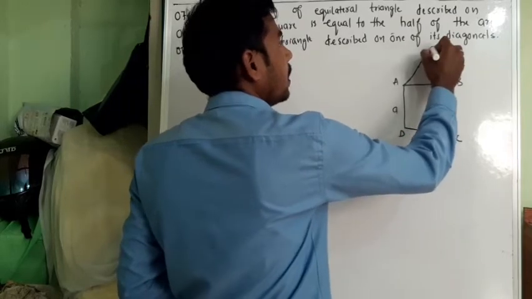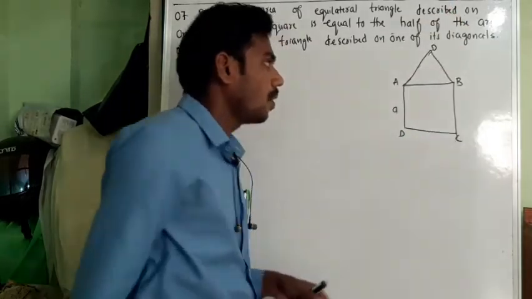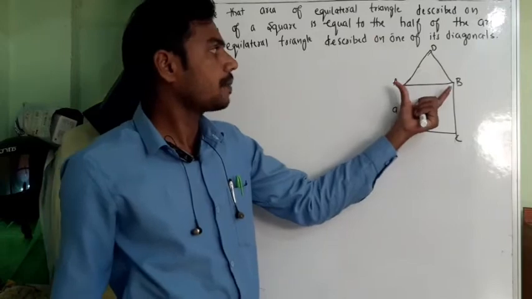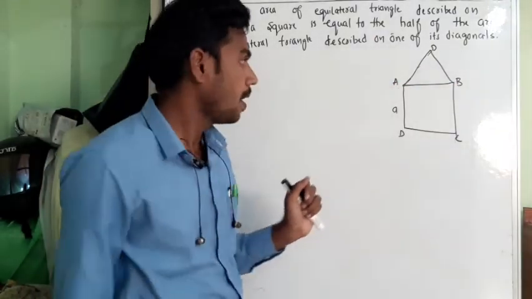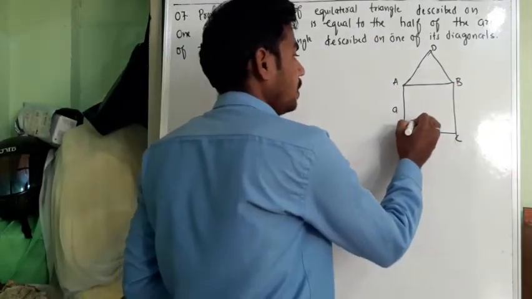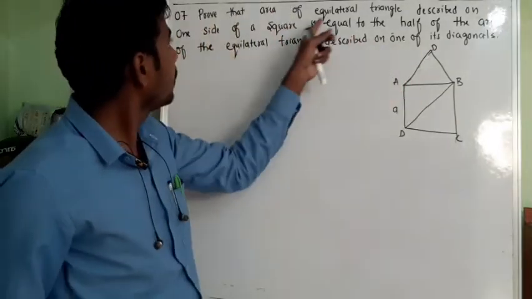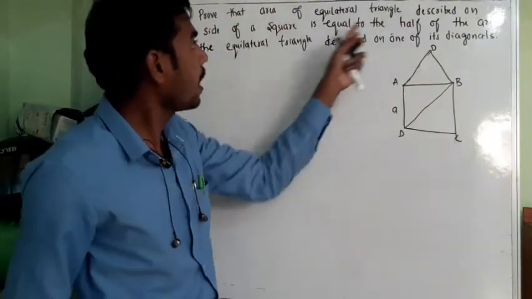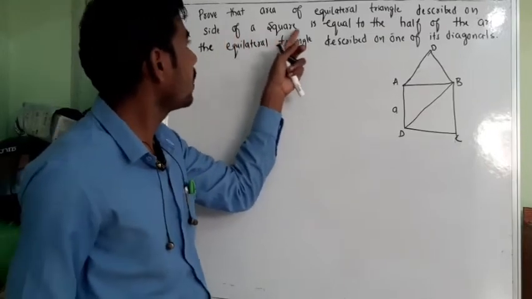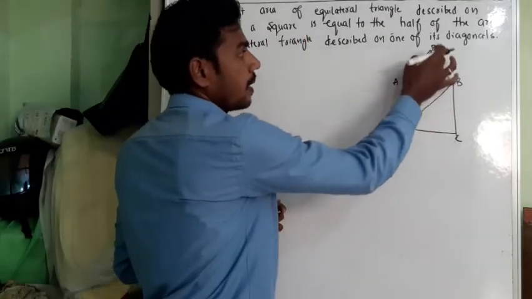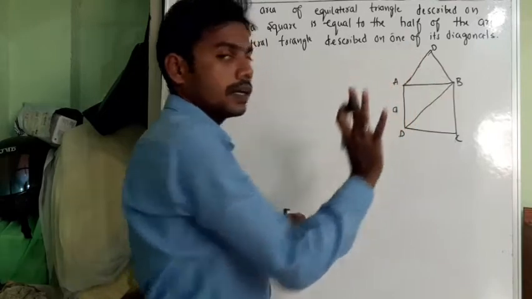So ABD is an equilateral triangle described on side AB. See, I have described one equilateral triangle on one of the sides.